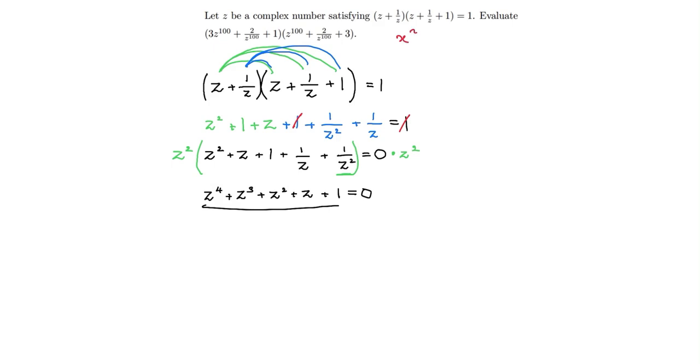x to the n minus 1 equals (x minus 1) times (x to the power of n minus 1 plus x to the power of n minus 2 plus, and so on, until plus x plus 1).